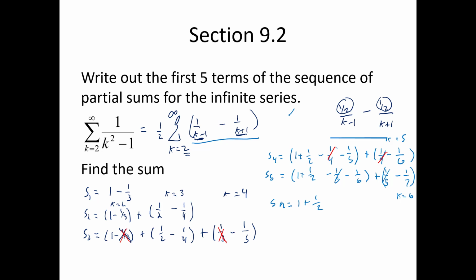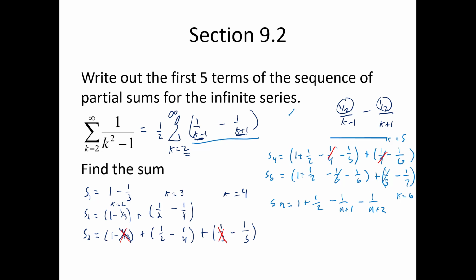When n is 4, the other terms are 5 and 6. And when n is 5, you have 6 and 7. So then for n, your other 2 terms will be minus 1 over n plus 1 minus 1 over n plus 2. So now we found a closed form formula for the sum of the first n terms.